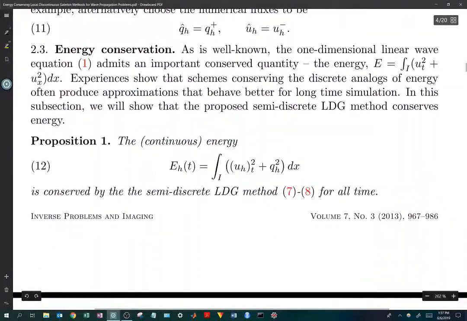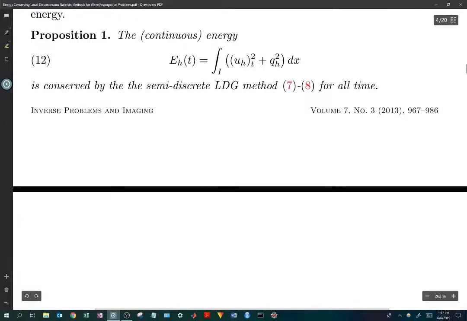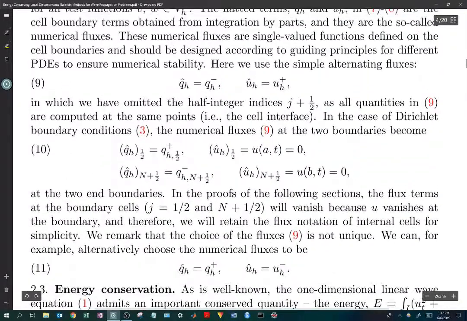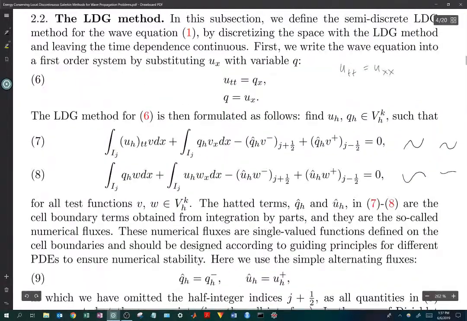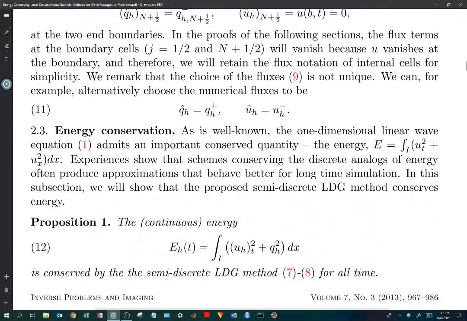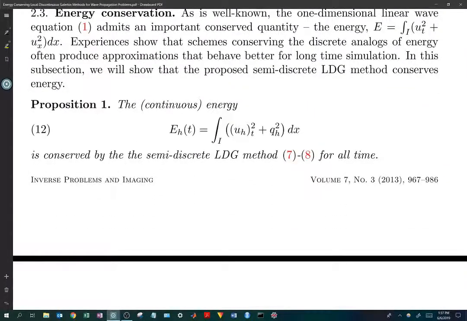So anyways, there's some things that you can prove about such methods. For example, if you use this particular choice, and these are called flux terms, these terms with the hats on them, and like I've been talking about, these are important for the performance of the method.